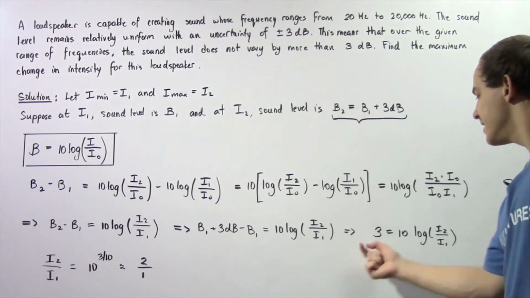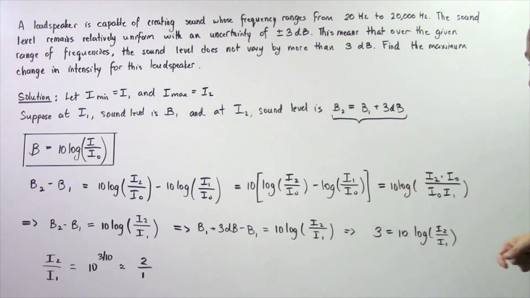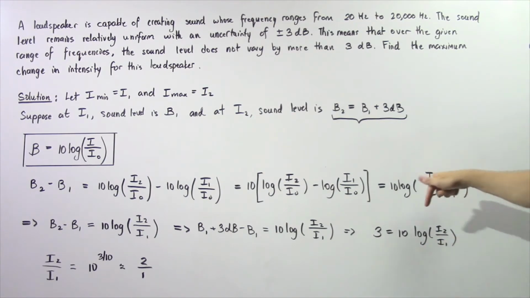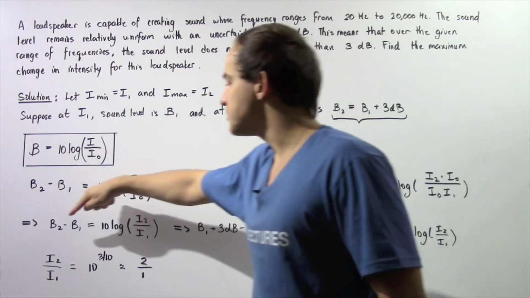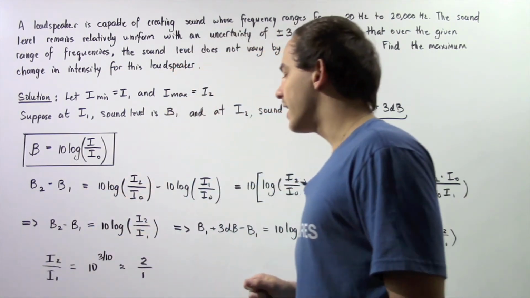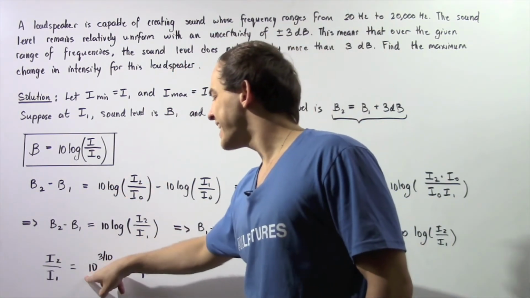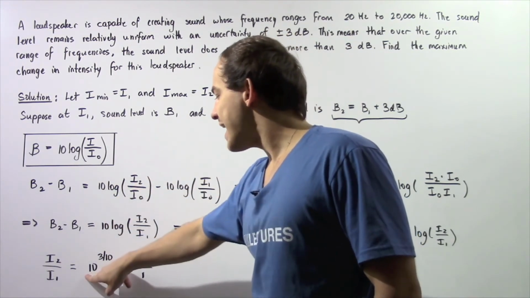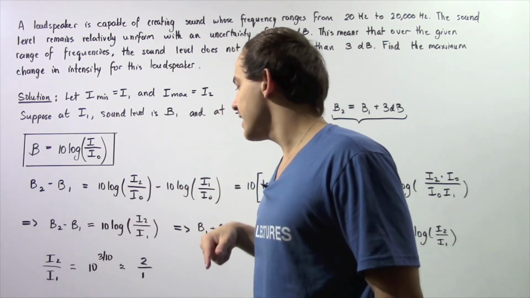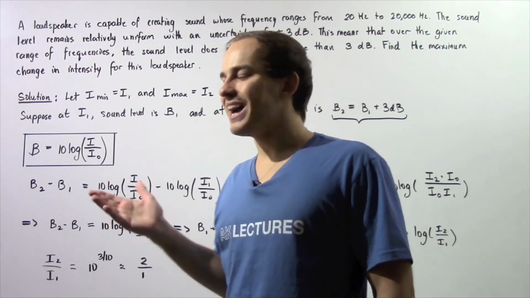So if we take 10 to the power of 3 divided by 10, and 10 to the power of log of this ratio, this side simply becomes I2 divided by I1, and that is equal to 10 to the 3 divided by 10. So 10 to the 3 divided by 10 is approximately 1.99.